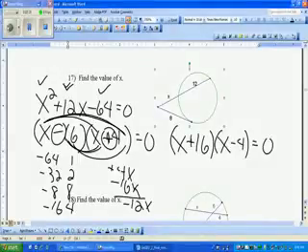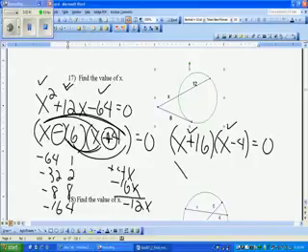Now we use the zero product theorem, and we set both terms equal to 0. So you have x plus 16 equals 0. And if we solve it for x, then we end up with negative 16.